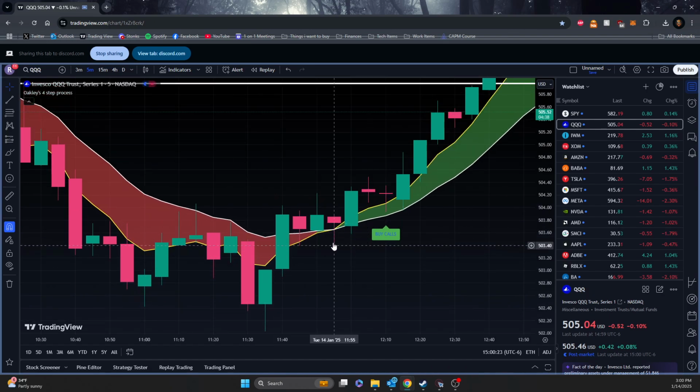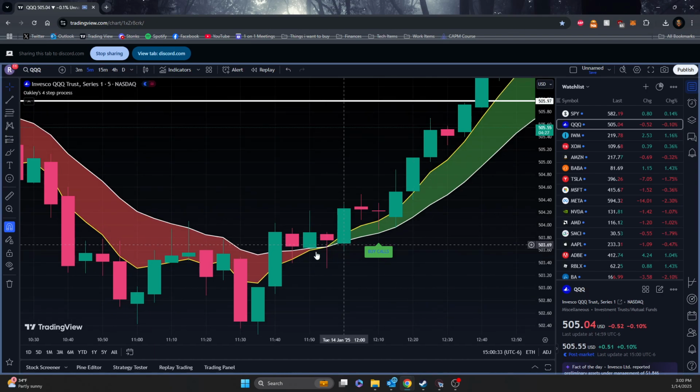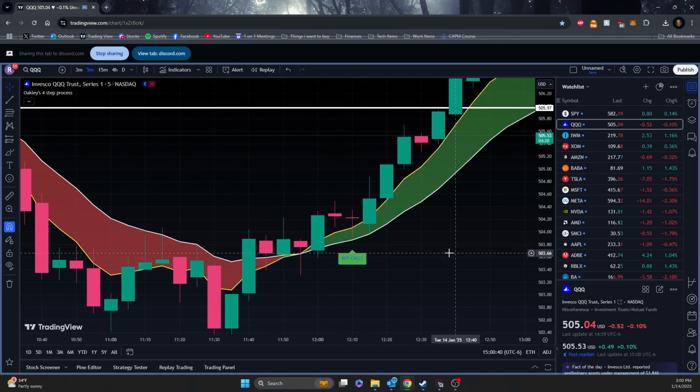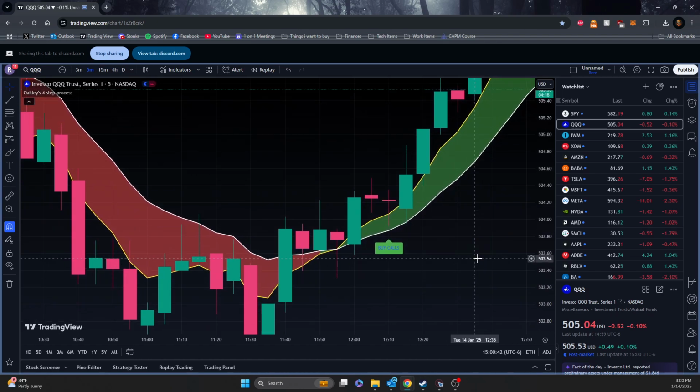So we can see, all right, we've consolidated for a little while and now we're up above, so we're not really in a downtrend anymore. We're potentially starting a new uptrend. That's the idea of the cloud and the colors, and all it does is track that for you and show it visually, which makes it a little bit easier for everyone to understand.